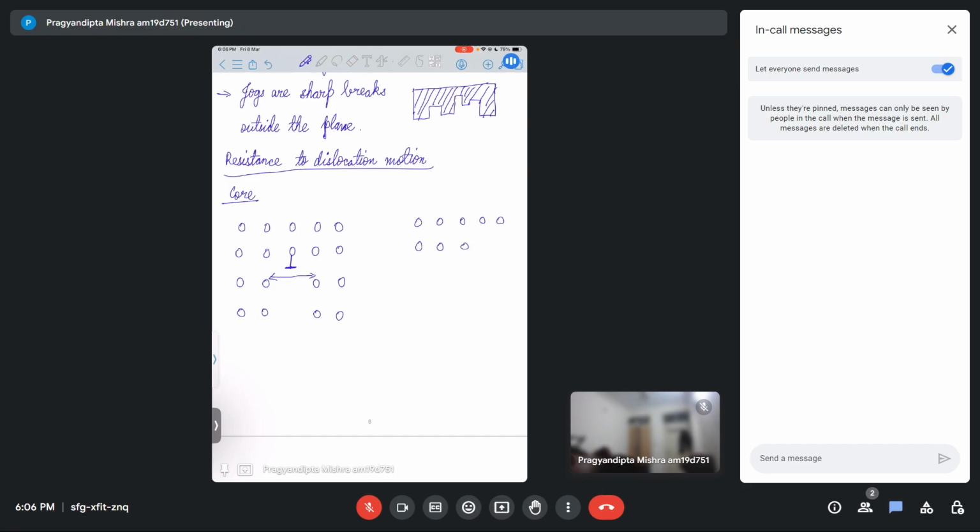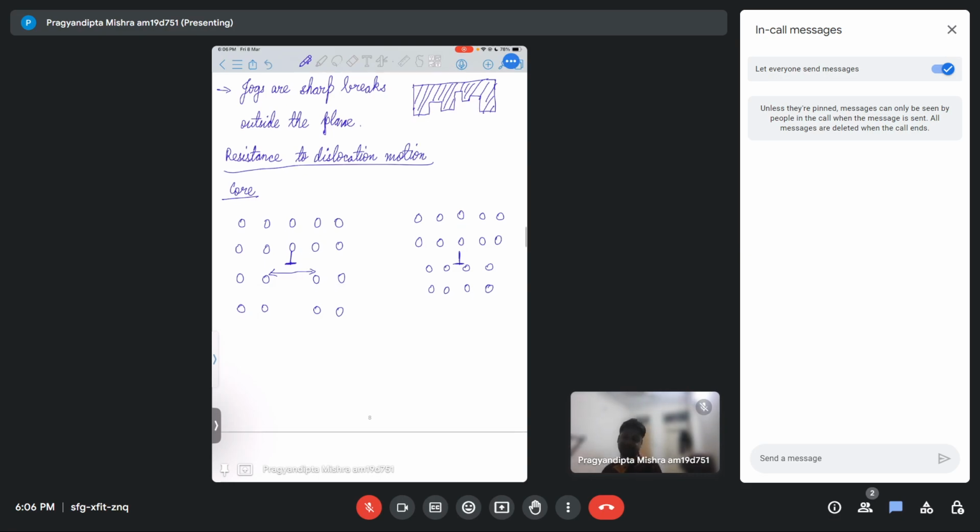Now this spacing could be small for any number of reasons. It could be small because the lattice size is smaller, or because the dislocation size is smaller. There could be n number of reasons why this entire dislocation core is closer or smaller. So now this is where the dislocations are.